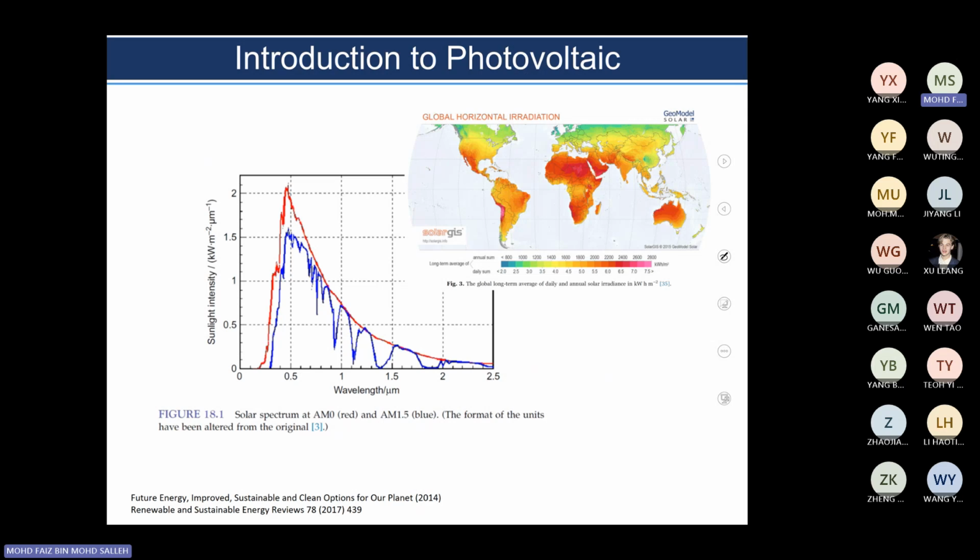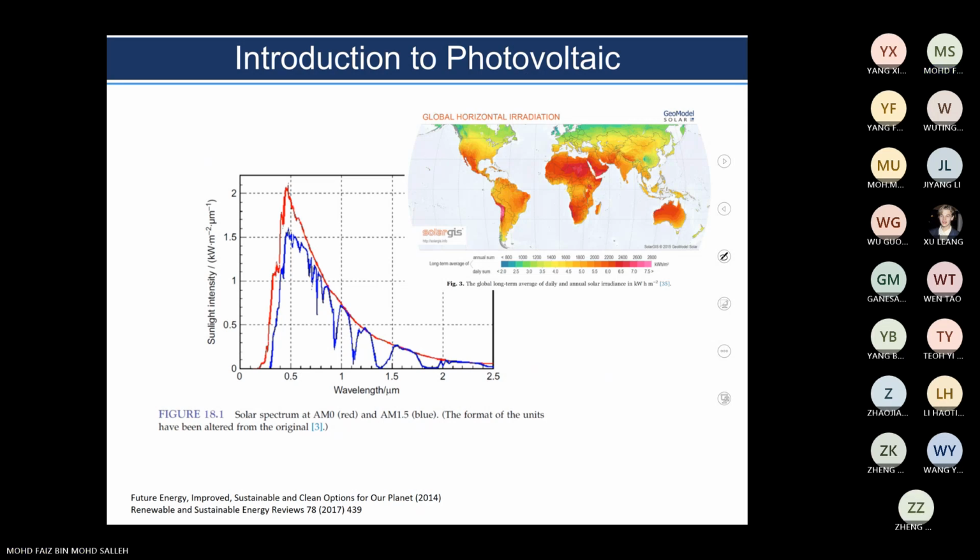So when we talk about solar cell, I just mentioned before, this electromagnetic wave or the light, usually we will call this kind of energy photon energy.